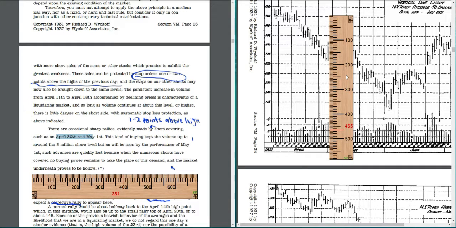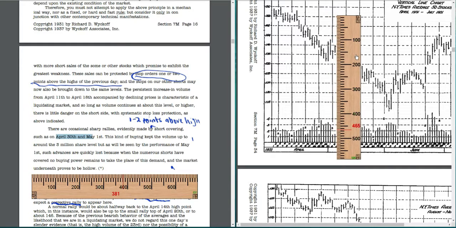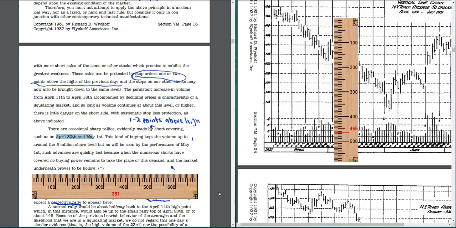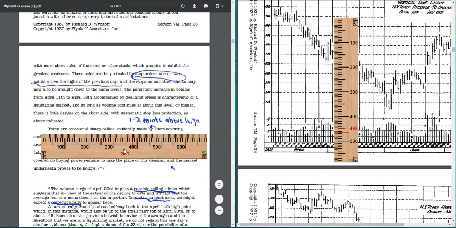So this is very important because a lot of times when you're seeing a low being tagged, the market goes up and it makes you think, oh, I'm going to buy low. Let me enter. Don't do it, because it's just covering. And it's going to have high volume. It's going to look like volume off the bottom. It's going to look like a sign of strength. It's going to look like all these things, but you need to see the follow through. If follow through sucks, don't do it.